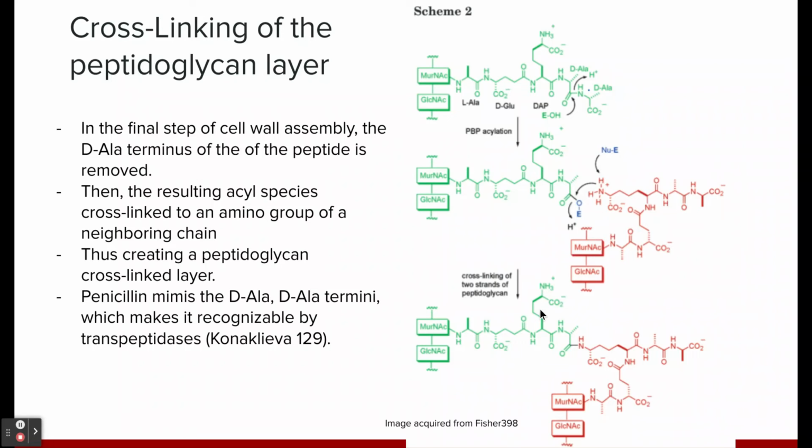When these two peptidoglycans are linked right in this position, we see more strength within the bacterial cell wall. So the goal of the beta lactam antibiotic is to interrupt this process.